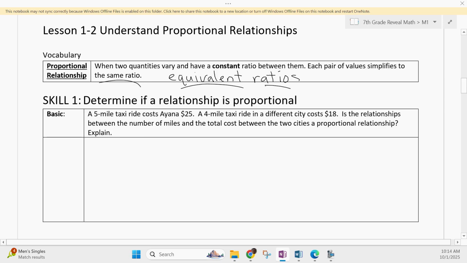So go ahead and read the basic one. Read that basic one there. Right there. Yeah. And go ahead and test it out. Okay, read it. It says, is the relationship between the number of miles and the total cost proportional? How are we going to find that out?